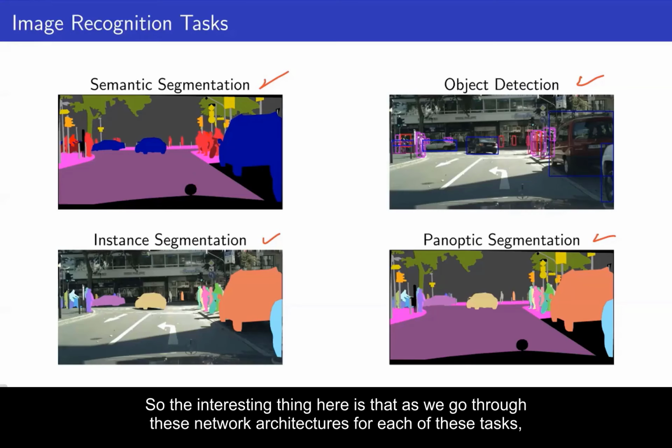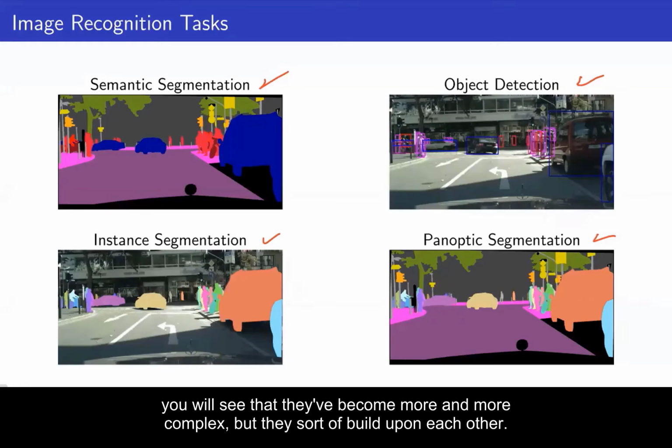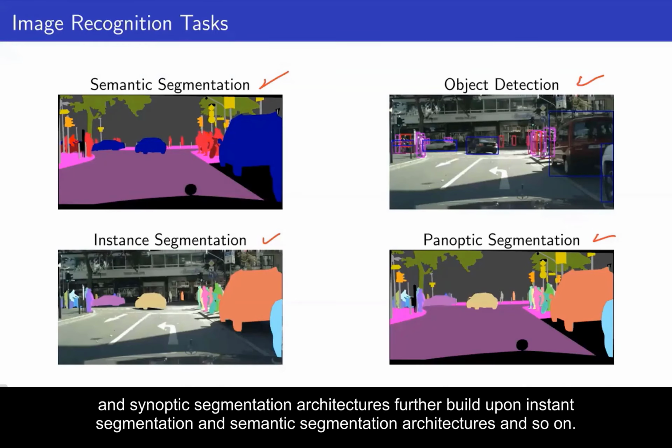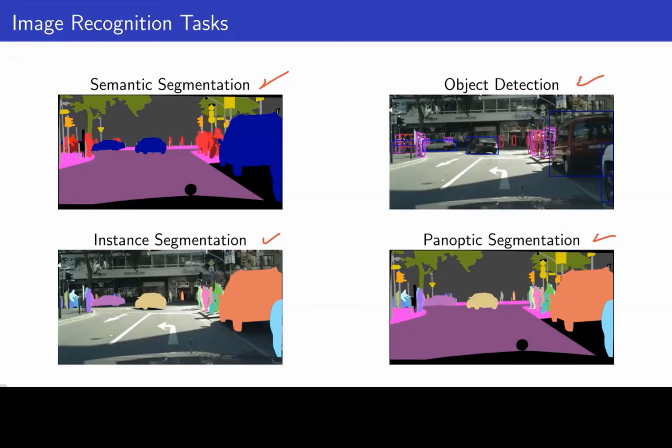The interesting thing here is that as we go through the network architectures for each of these tasks, you will see that they become more and more complex, but they build upon each other. For example, instance segmentation architectures build upon semantic segmentation and object detection architectures. And panoptic segmentation architectures further build upon instance segmentation and semantic segmentation architectures, and so on.